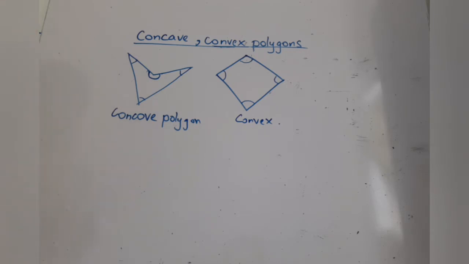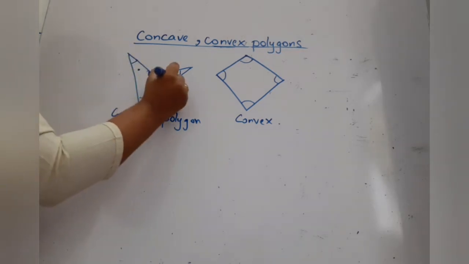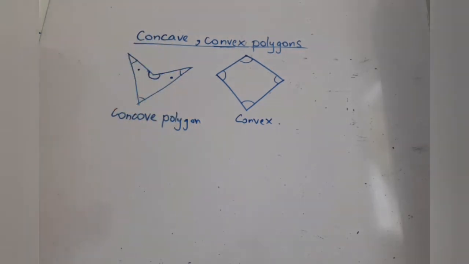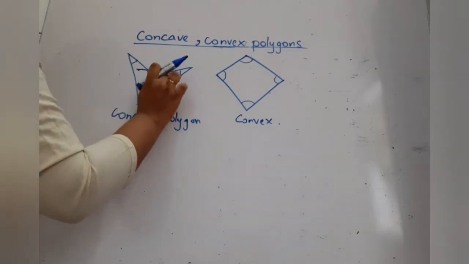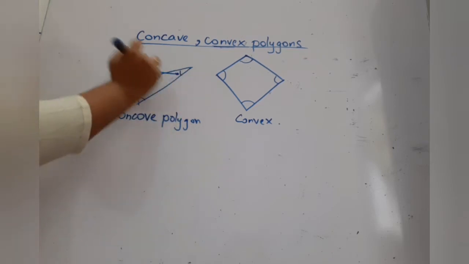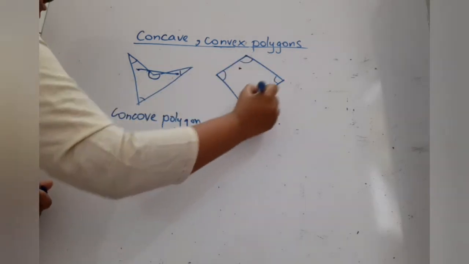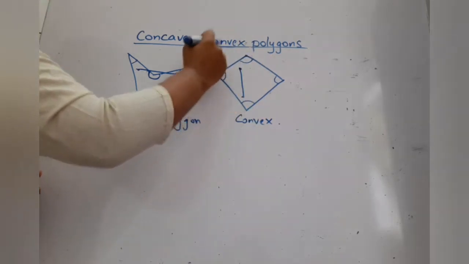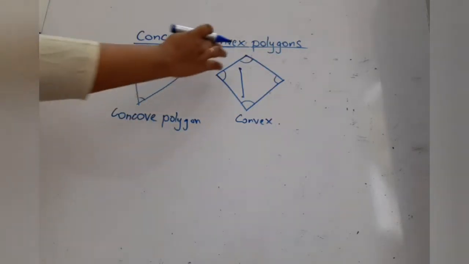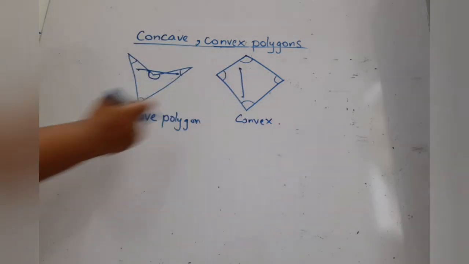Another important check is this: if you place any 2 points within the polygon and join the 2 points, and the line goes outside the polygon, then it is a concave polygon. Here, if you place any 2 points within the polygon and join them, the line segment won't go outside the polygon, so it is a convex polygon.